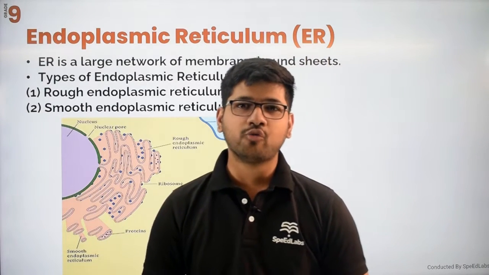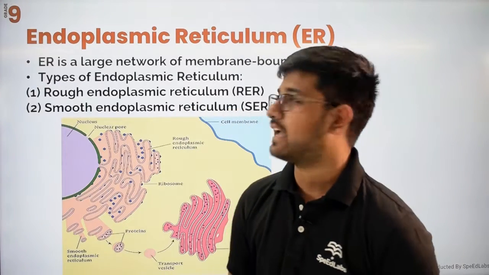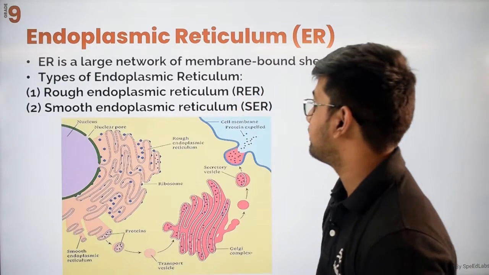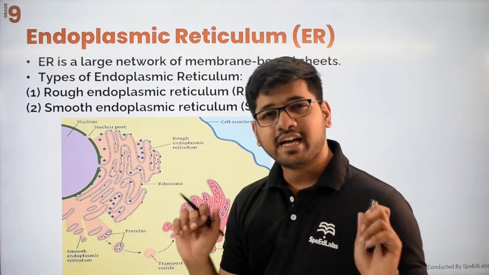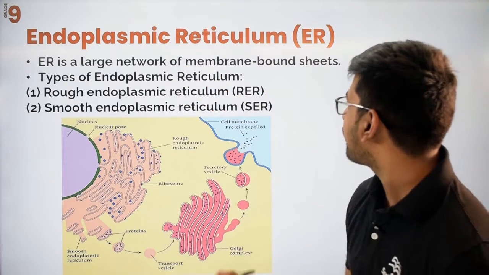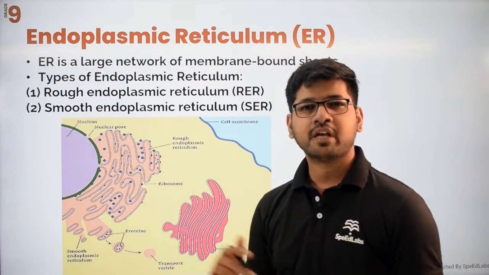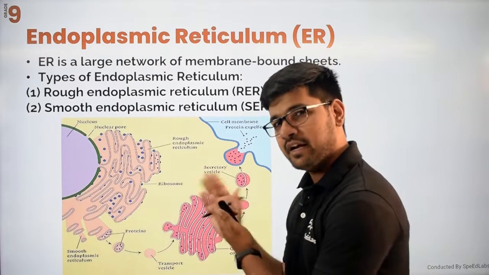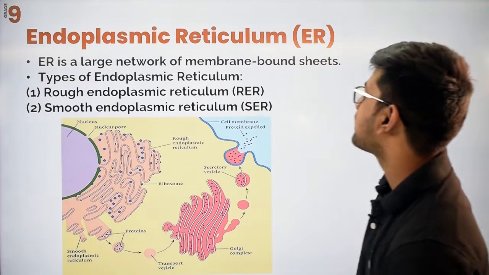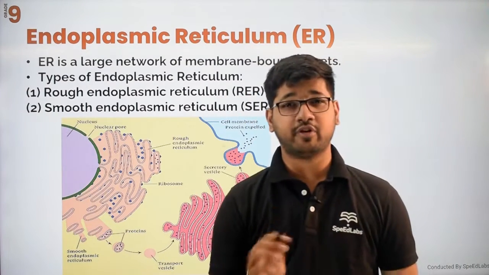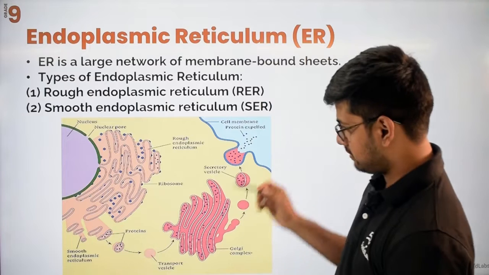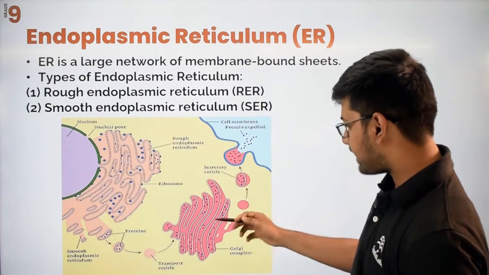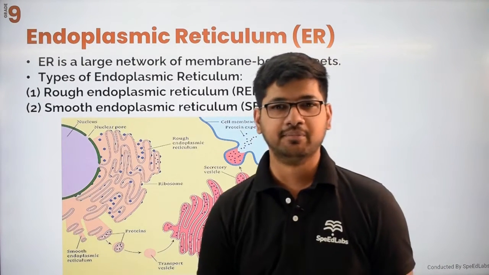Now we talk about the next cell organelle, that is the endoplasmic reticulum. Endoplasmic reticulum, or ER, is a large network of membrane bound sheets. Those wavy sheets that we have seen in mitochondria are humongous over here. There are two kinds of endoplasmic reticulum that we see: rough endoplasmic reticulum and smooth endoplasmic reticulum.